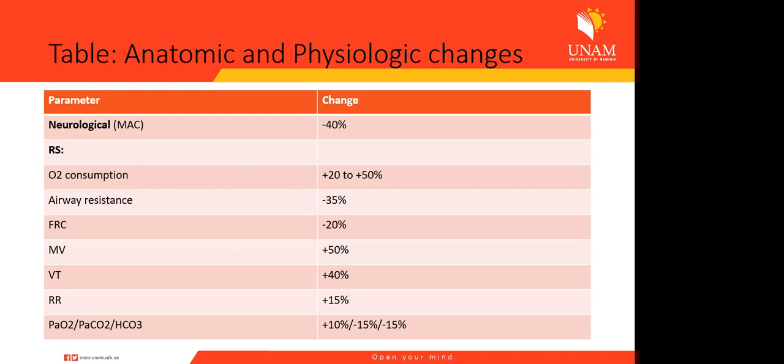The minute ventilation increases by 50%, tidal volume by 40%, and the respiratory rate by 15%. All right, don't forget that I said the PaO2 increases while the PaCO2 reduces to allow for excretion of carbon dioxide by the growing fetus.